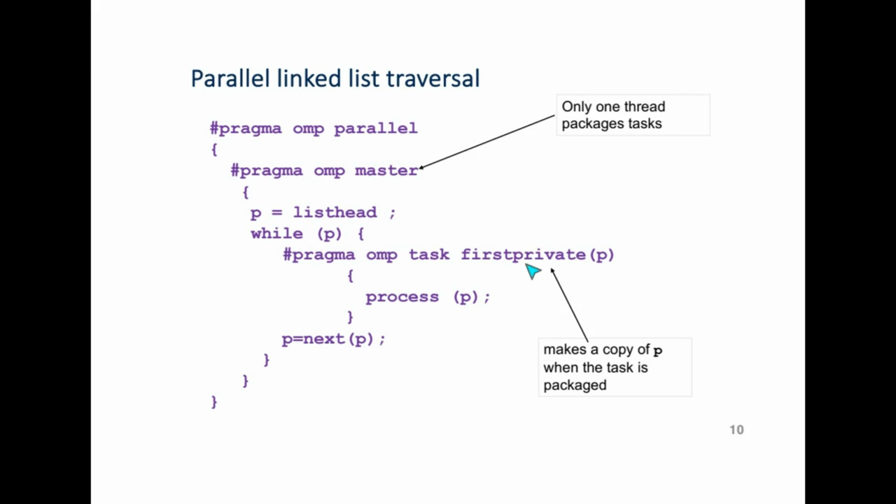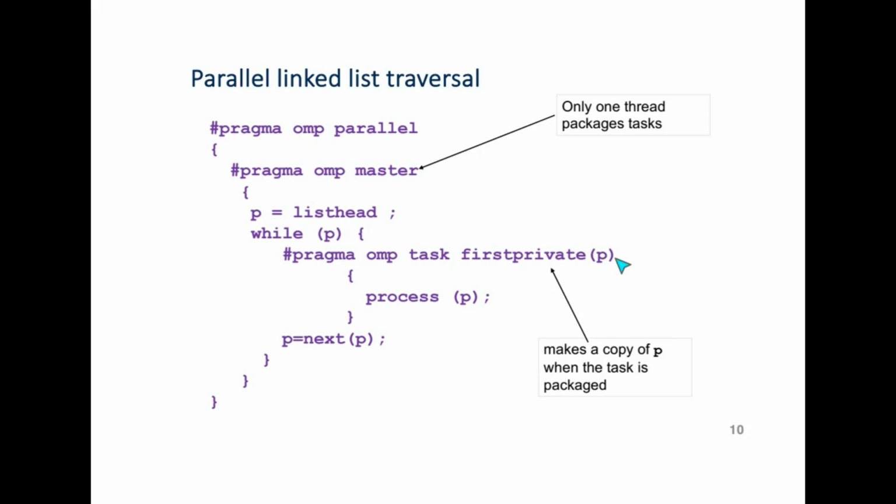So the one subtlety, or the one tricky feature here that we have to take care of, is this use of the firstprivate clause here. What this does is that it makes a copy of P when the task is packaged.